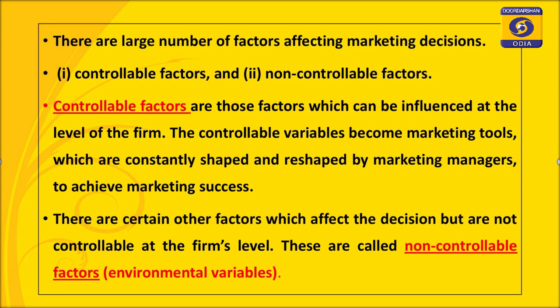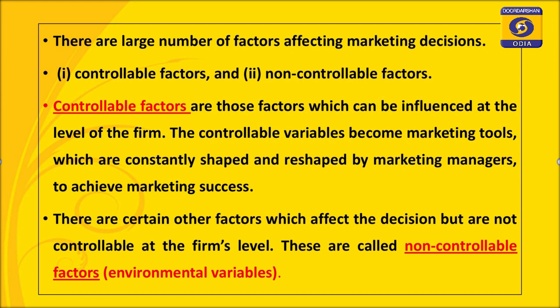So, let us first read what are controllable factors. Controllable factors are those factors which can be influenced at the level of the firm. That means business has got full control over these factors. The controllable variables become marketing tools which are constantly shaped and reshaped by marketing managers to achieve marketing success.